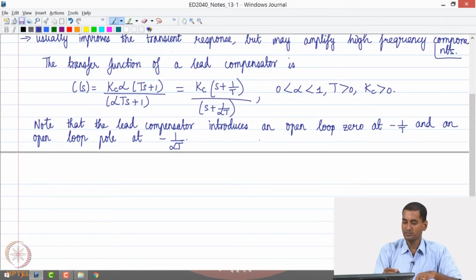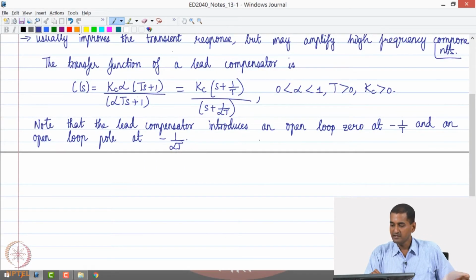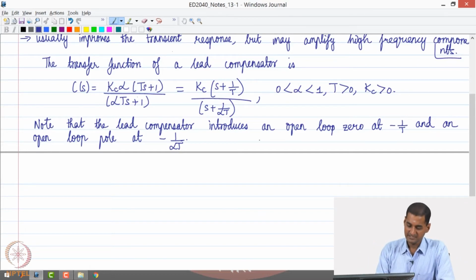Now let us analyze the sinusoidal transfer function associated with this lead compensator.